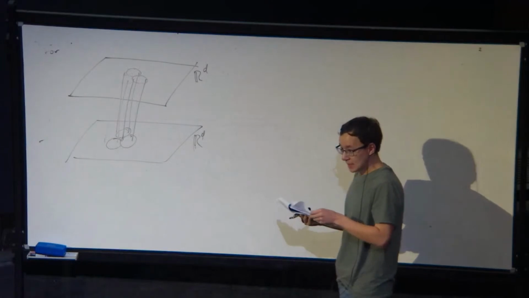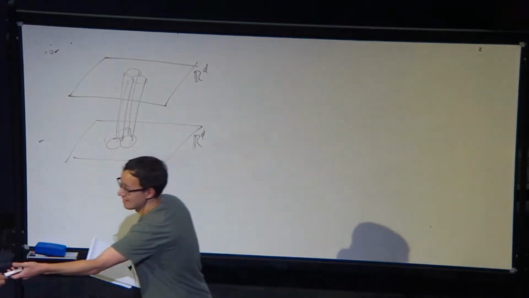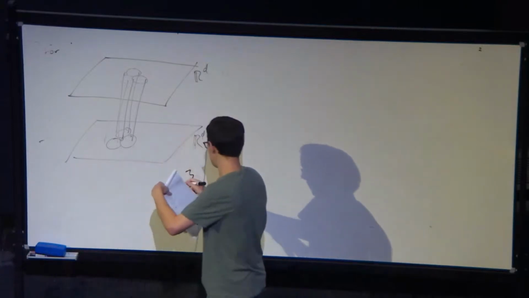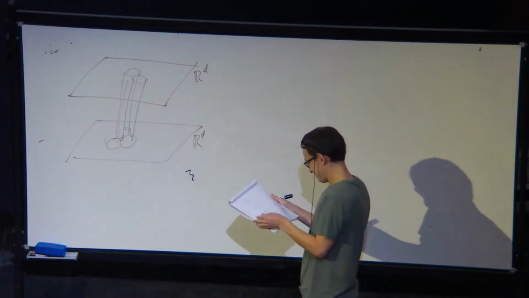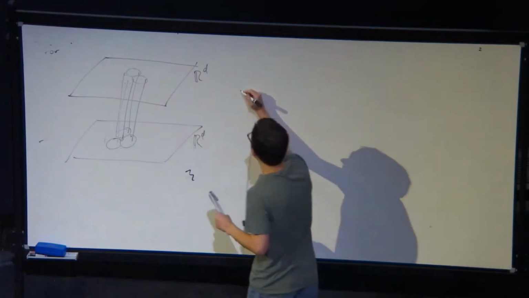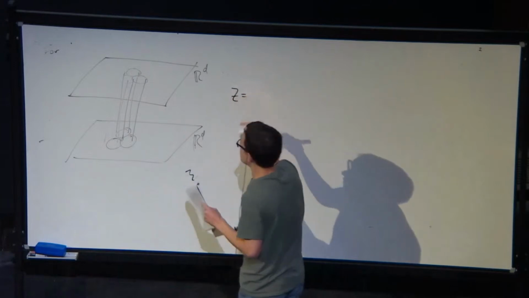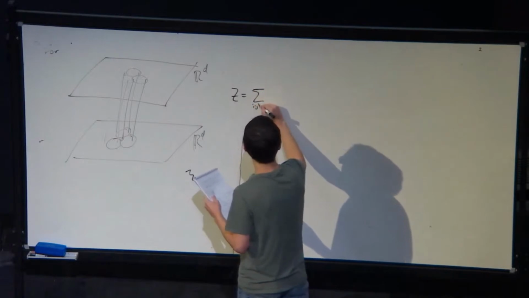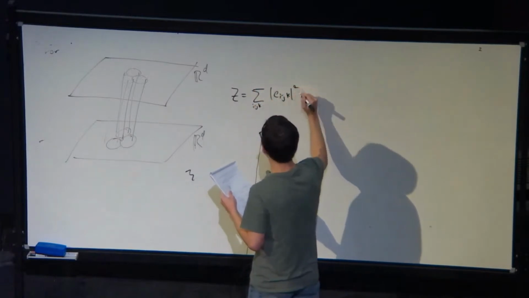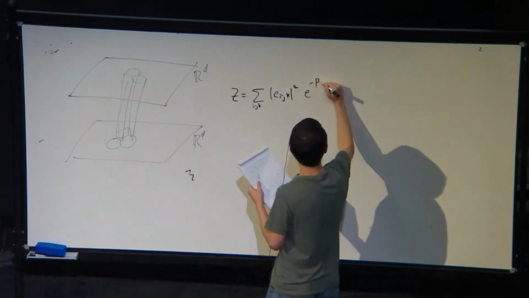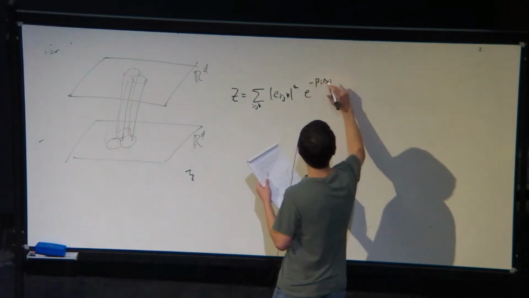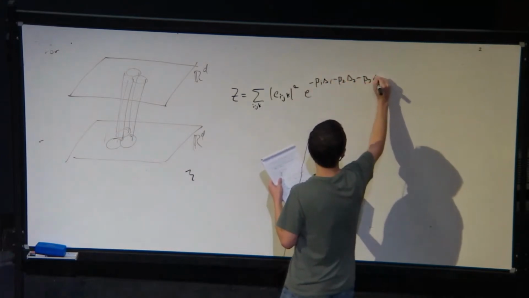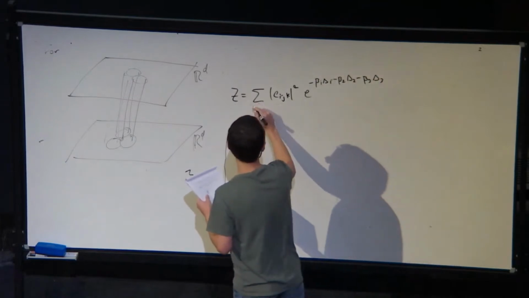Sorry, it's getting a bit messy. The partition function on this geometry, which we're going to think of as some higher dimensional version of a genus 2 surface, is computing C_ij squared e to the minus beta_i, where the betas are the lengths of the cylinders.